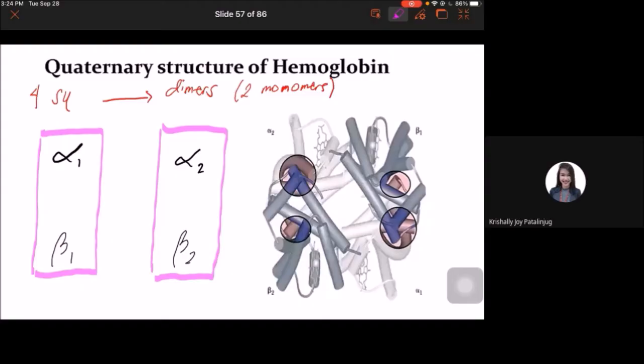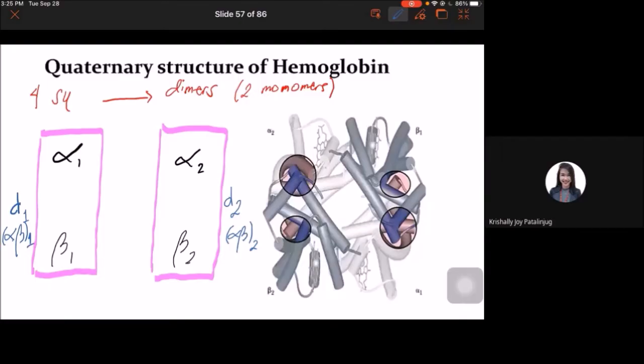So this would be dimer 1, and this one is dimer 2. Dimer 2 can be named alpha 2 beta 2, and dimer 1 consists of alpha 1 beta 1.